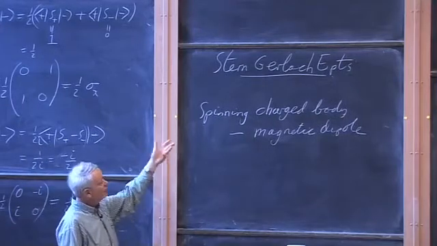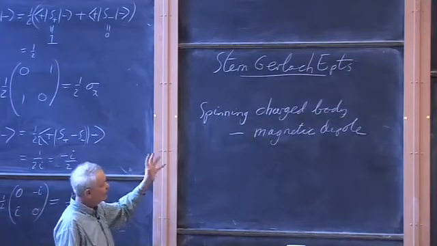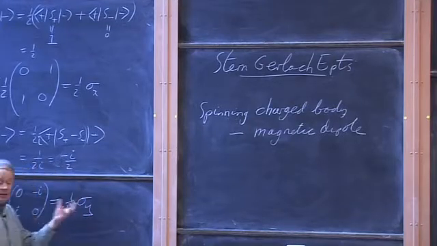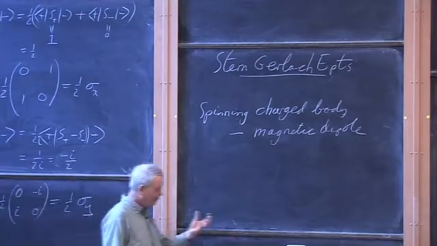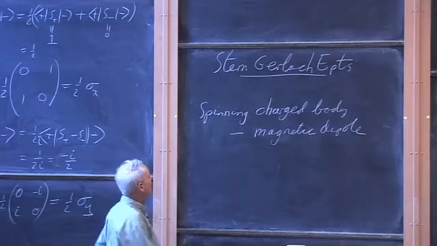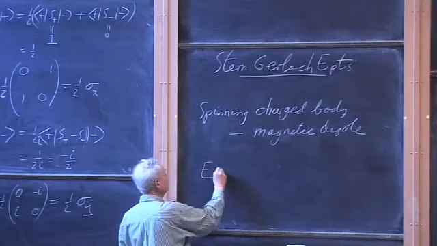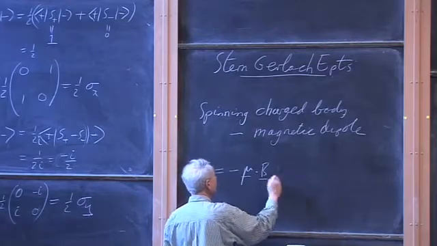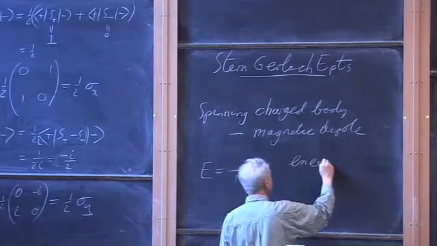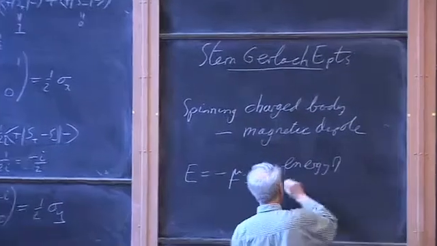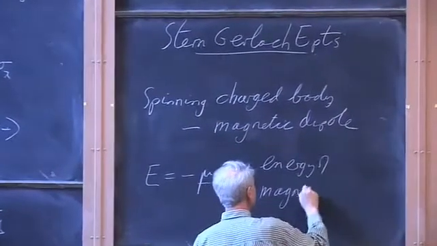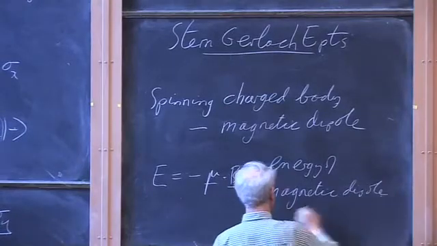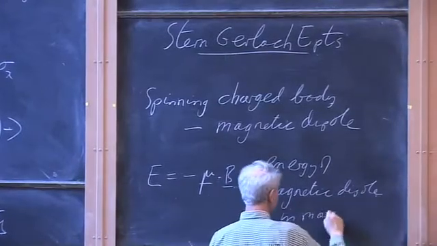Electrons, neutrons, protons, being spinning charged bodies, have little magnetic moments. They are little magnets. So if you put a magnet in a B field, you have this, which is the energy of a magnetic dipole in a magnetic field.